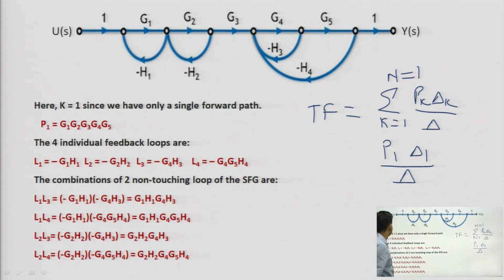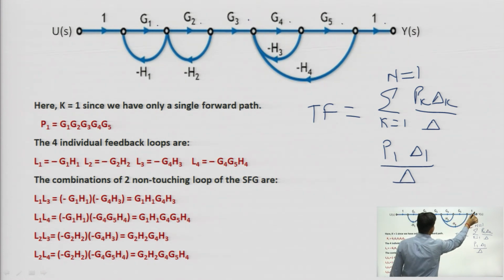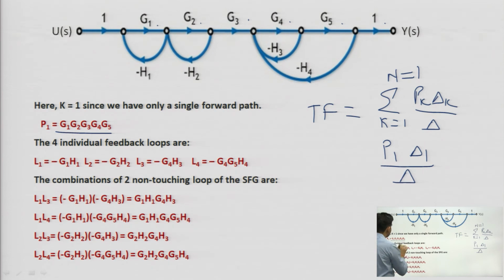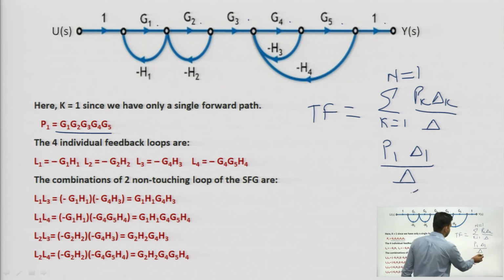Now, determine p1. Here the gains are g1, g2, g3, g4, g5, 1. If you take their product, you will get the first forward path p1; only one forward path is present.